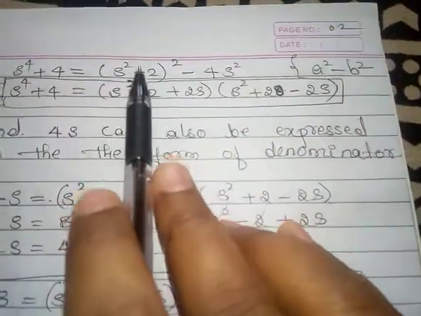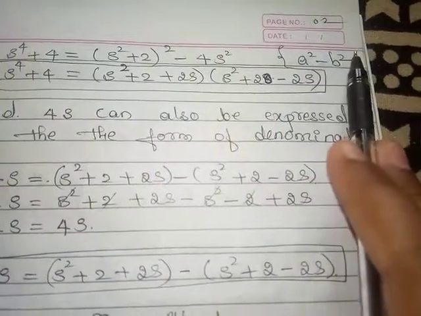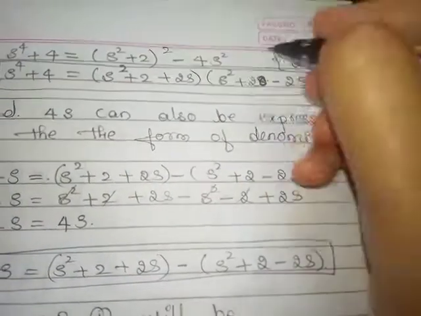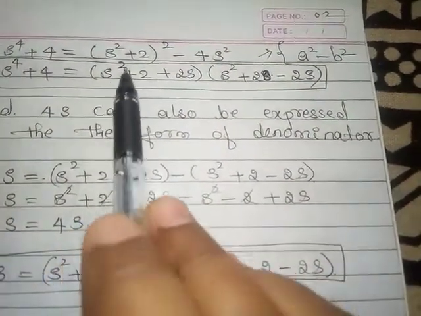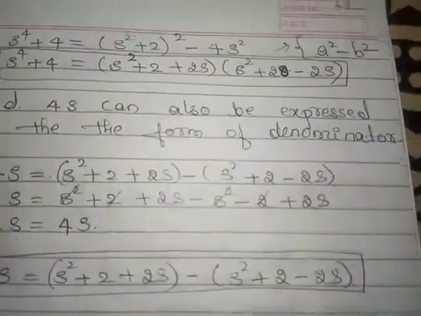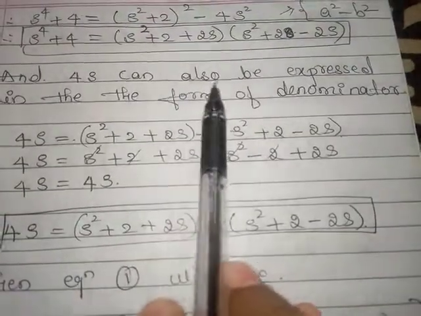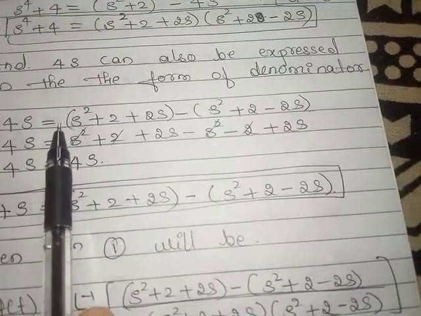See here, s square plus 2 whole square minus 4s square is in the form of a square minus b square. We know that a square minus b square is a plus b into a minus b. Therefore it is s square plus 2 plus 2s, into s square plus 2 minus 2s. Now the numerator 4s can also be expressed in the form of the denominator.